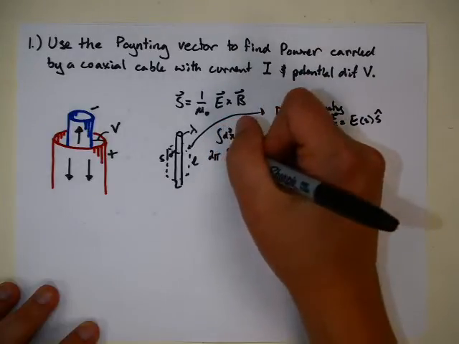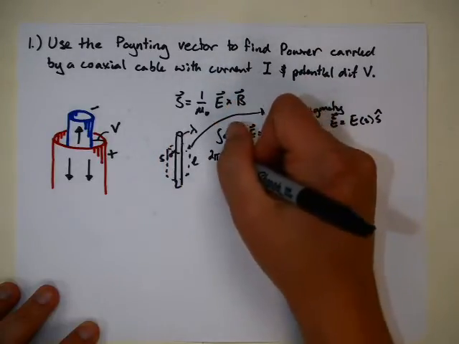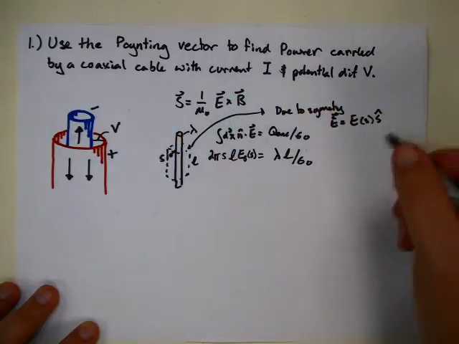That's 2 pi times the radius, which is S, times the length, which is L.